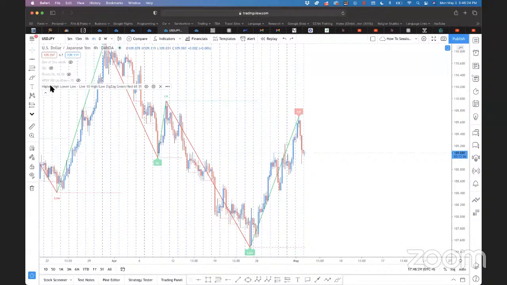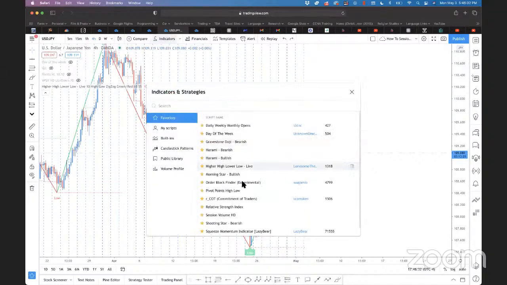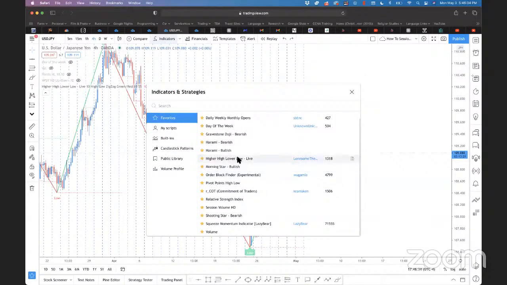First of all, use this Higher High, Lower Low Live indicator. The indicator is right here. It's by this guy Lonesome the Blue, and it's got about 1,318 likes.